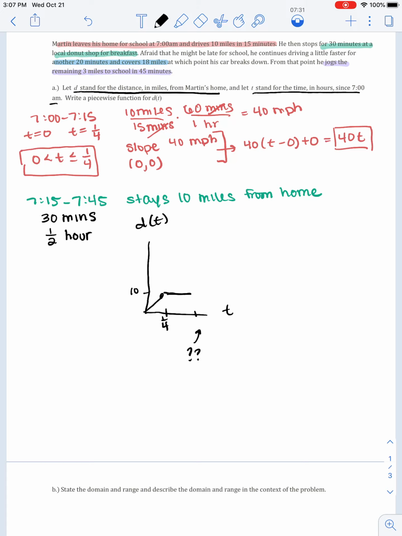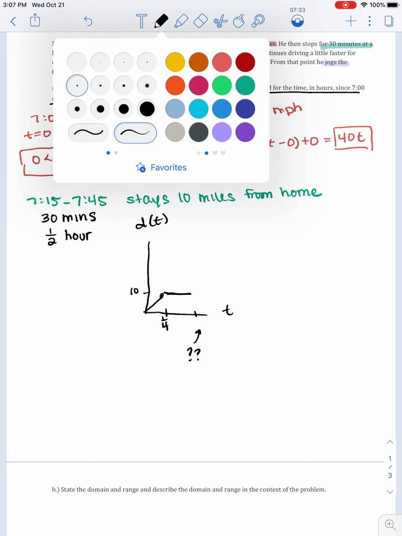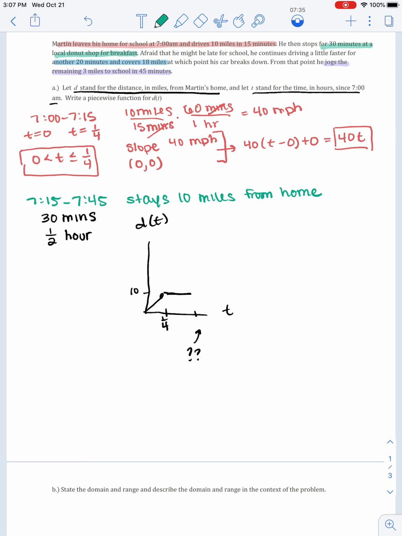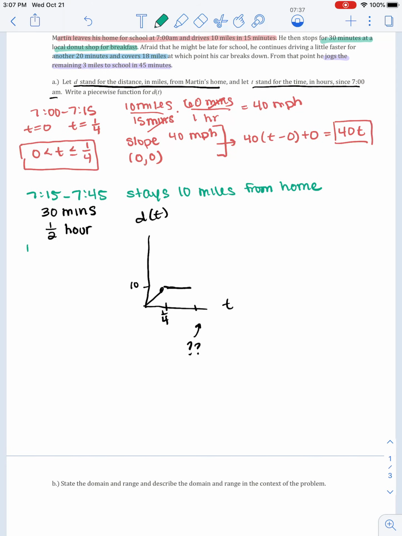So we want to take the time value that starts this interval, this 1/4, and add a half hour to it. We want to add the 30 minutes, the 1/2 hour, that will correspond to 7:45.